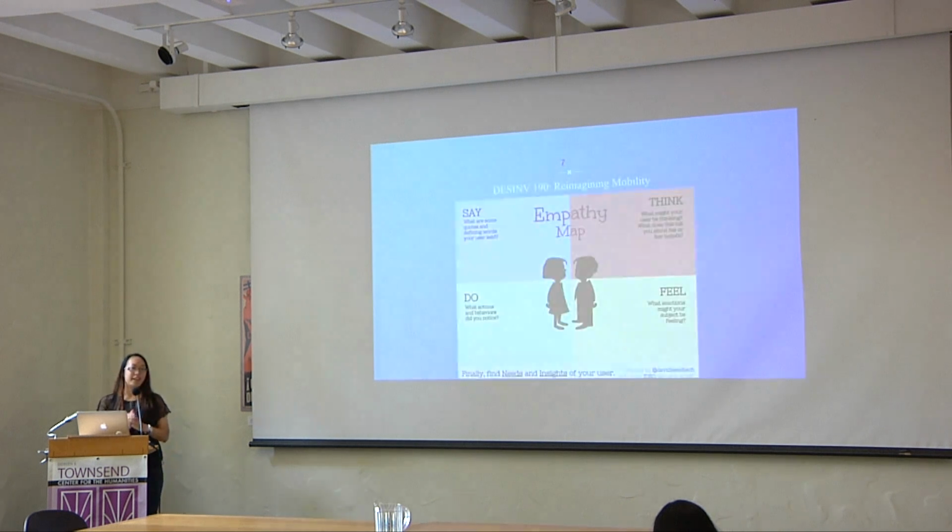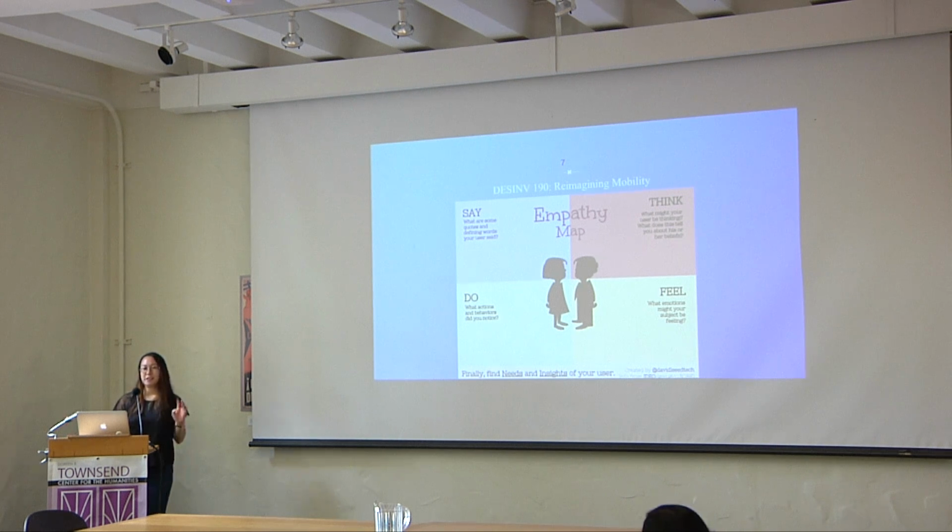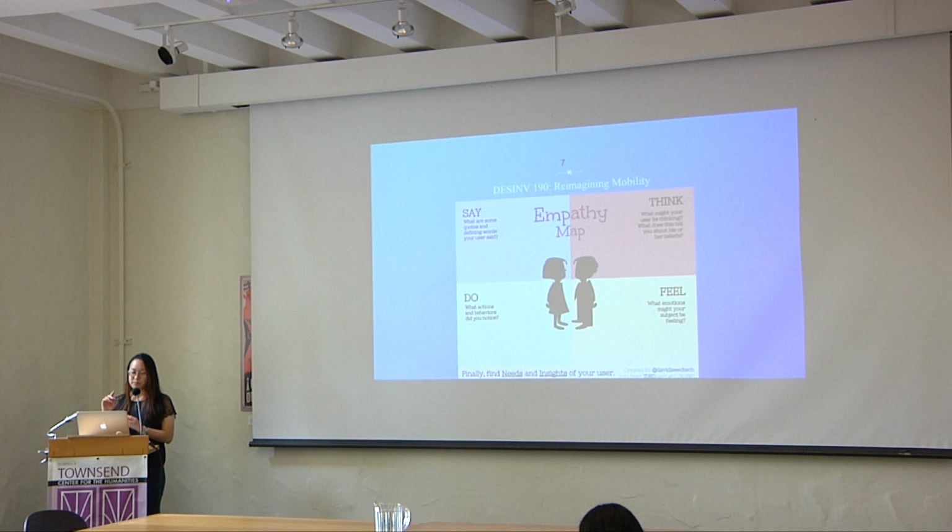And finally, in Reimagining Mobility, one of the things that we learned for understanding the user journey is empathy maps. Empathy maps capture what the user feels, through what they feel, what they do, say, and think. It's a way to really understand what the user journey is.